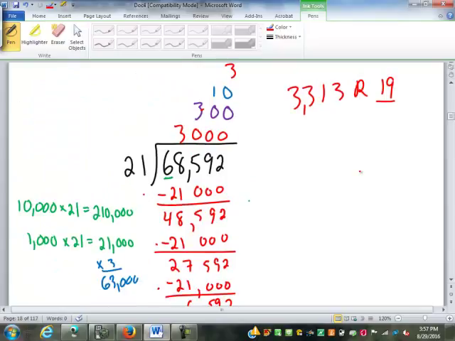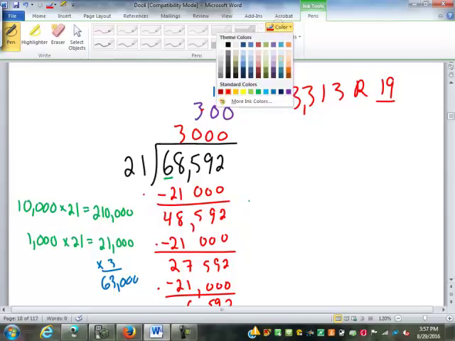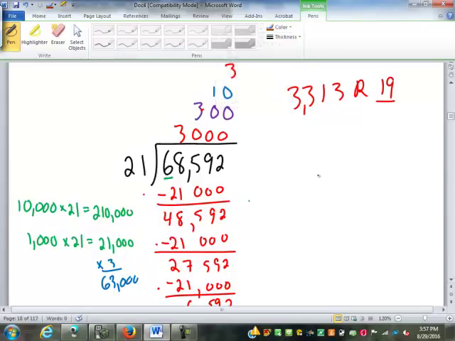Now you might be looking at that thinking, that looks absolutely nothing like the process of long division I was taught. But I'm going to argue that it is exactly what you were taught. What we did over here is we looked at the place value of this first number, right? The way you were taught was you look at that first number.